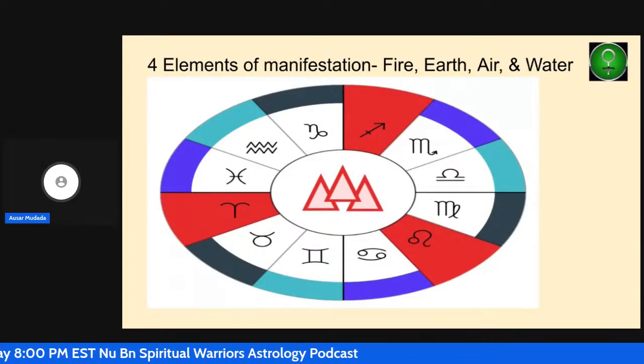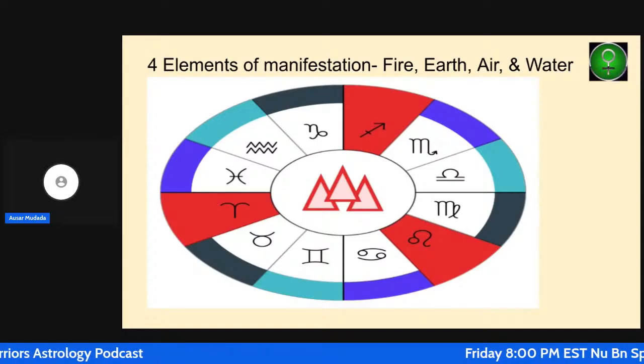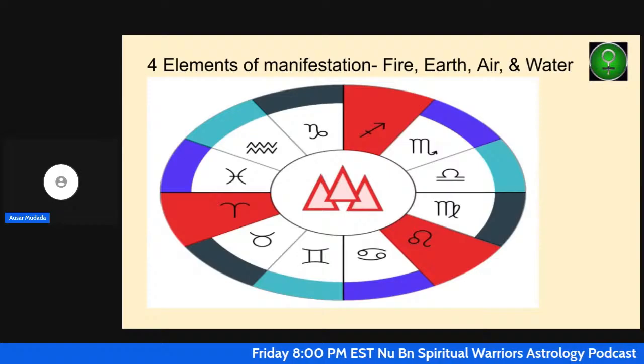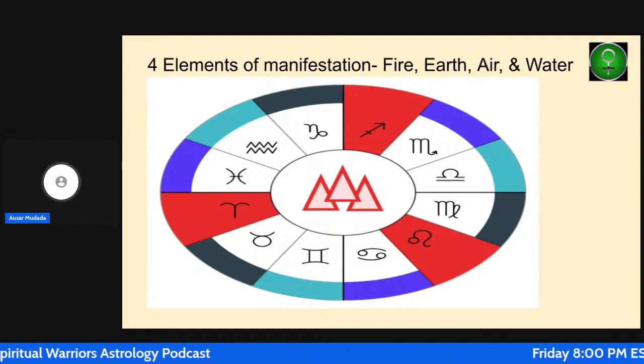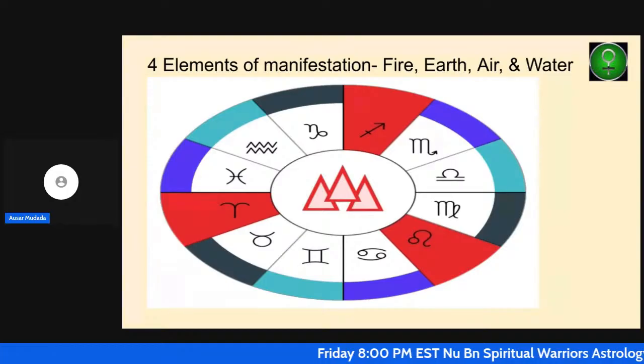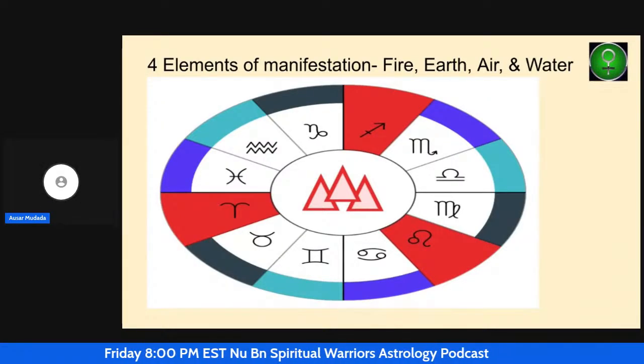Say, for example, in the red, you see the fire signs, and all these fire signs are trine each other. That means they're 120 degrees apart. That also relates to a smooth and easy flowing communication. All the signs that you see in black are trine each other as well.